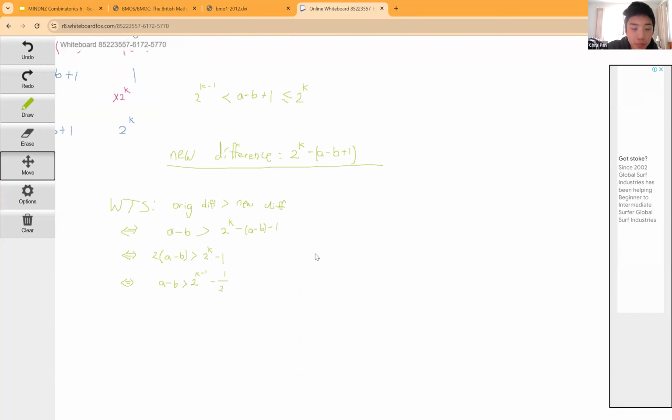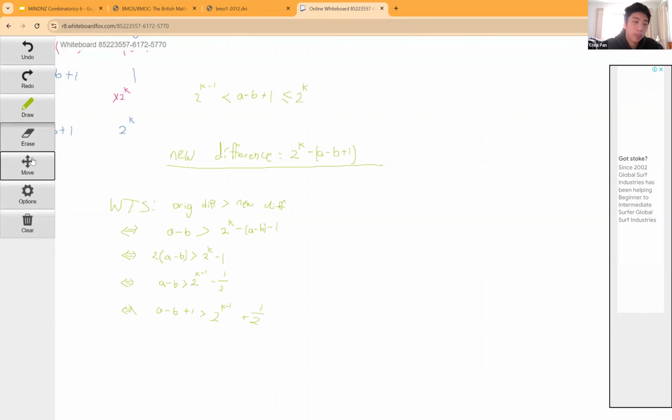But, right, actually, if we add 1 to both sides, because remember we have a minus b plus 1 here, we want a minus b plus 1 to be bigger than 2 to the k minus 1 plus a half.